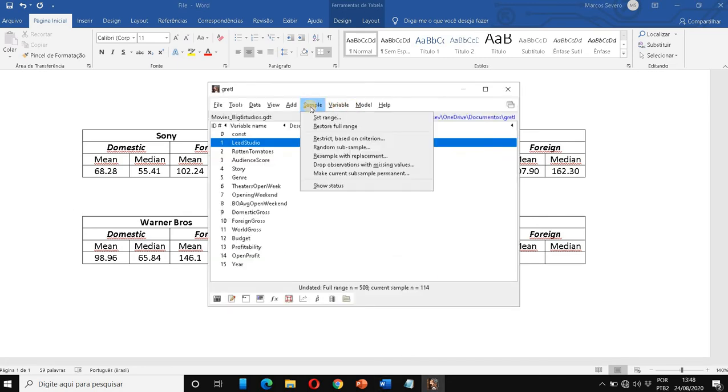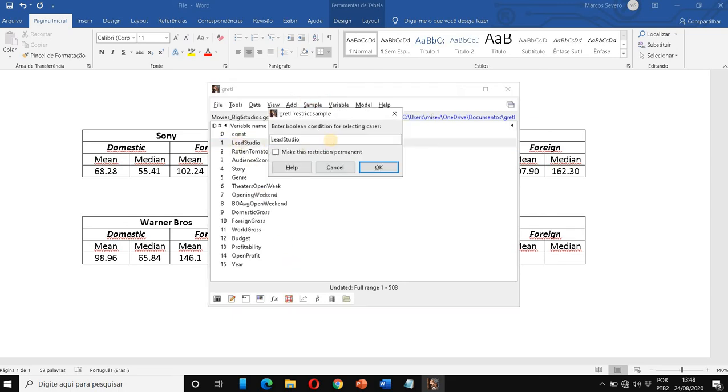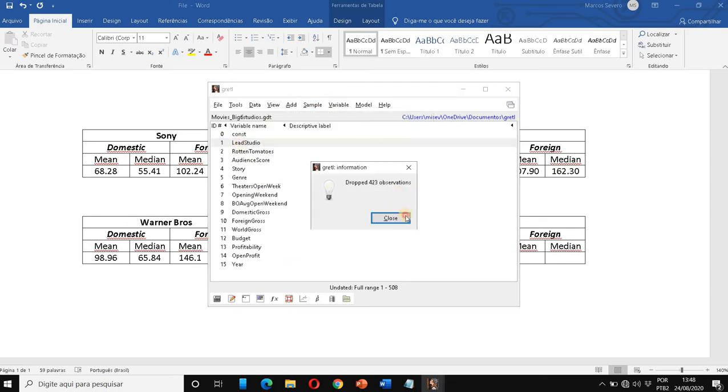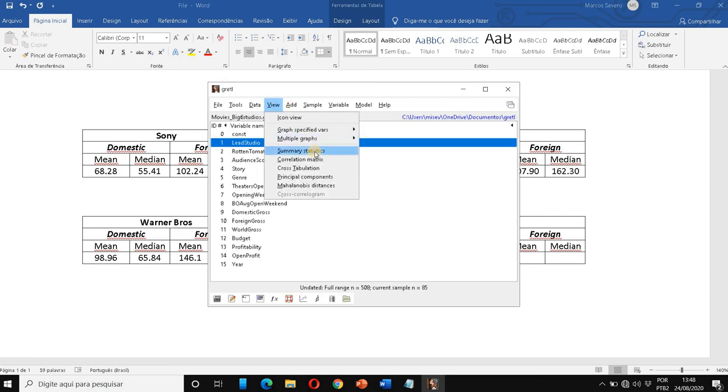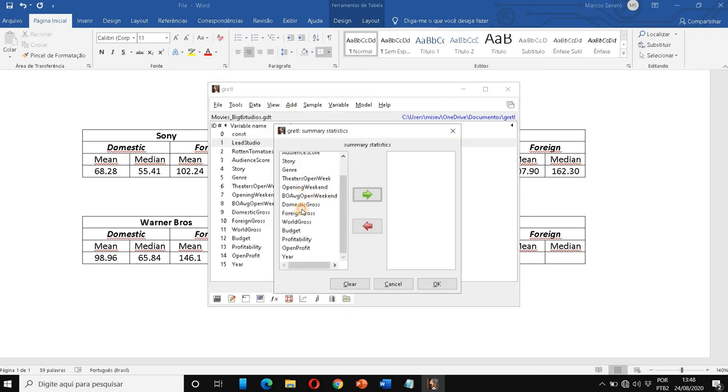Now Universal. So restore, restrict, lead studio equals 5. Domestic and foreign. Click on OK.